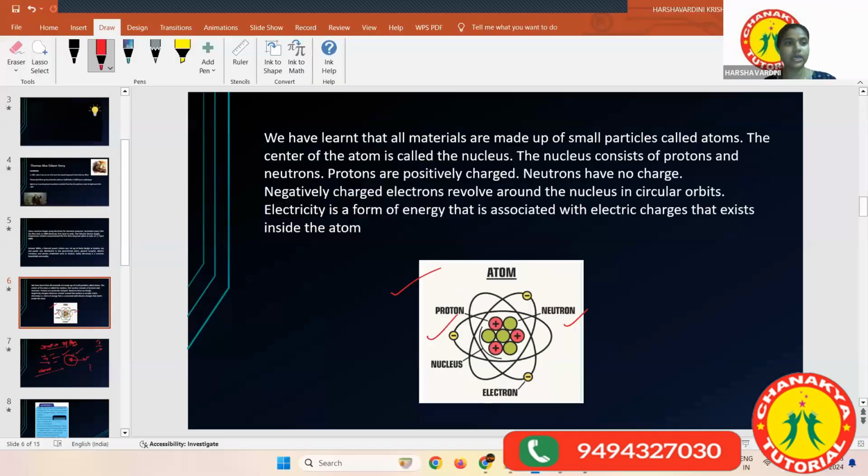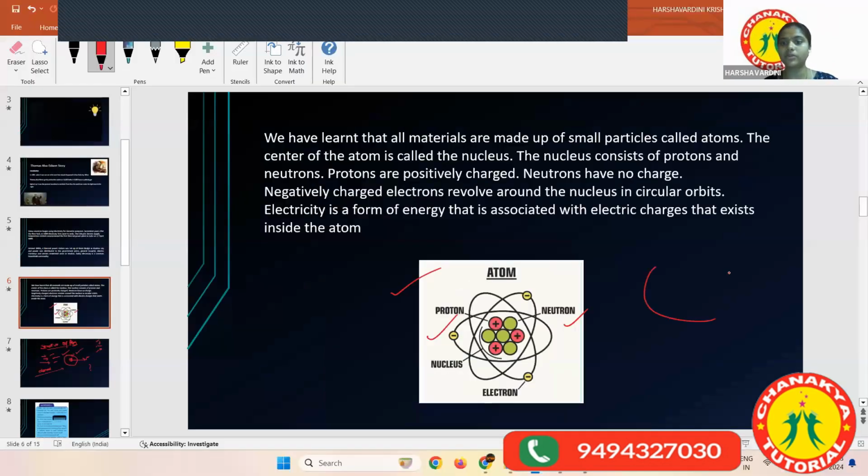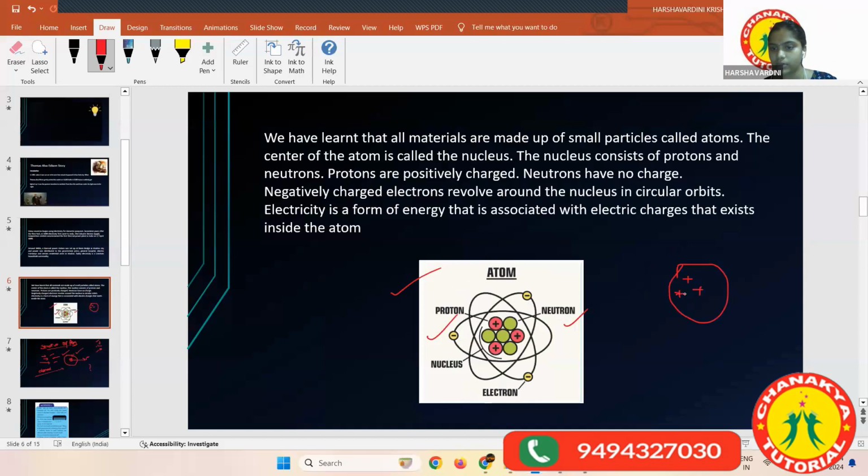I'll give you one activity now. Just assume there is a ball with three positive and four negative charges. Can you tell me, is the ball positively or negatively charged?